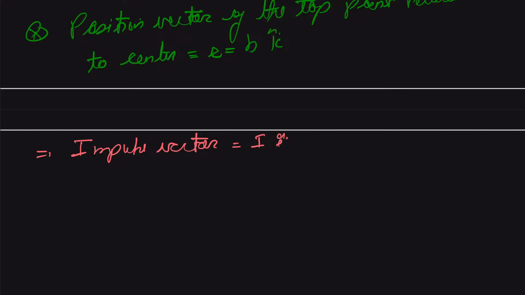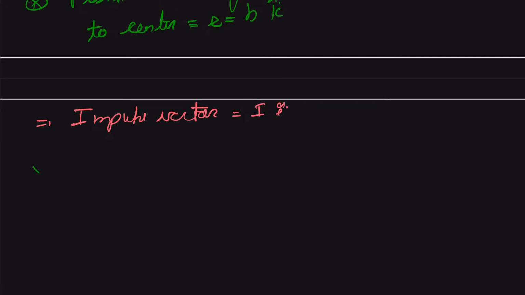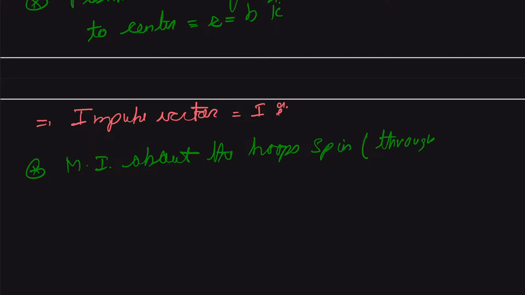the moment of inertia of the hoop about its spin axis, which will be through the center and normal to the plane.